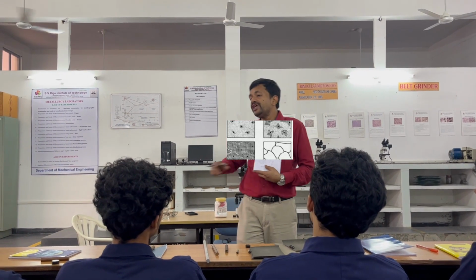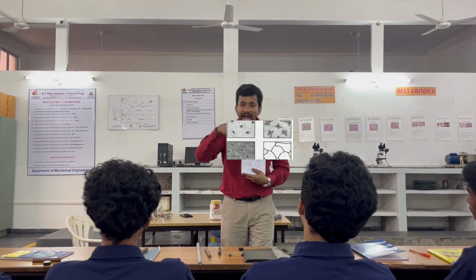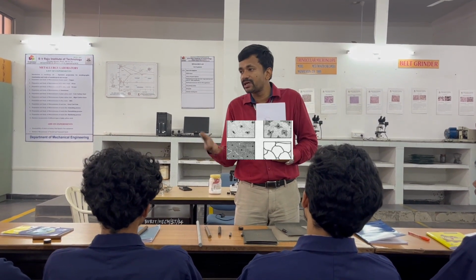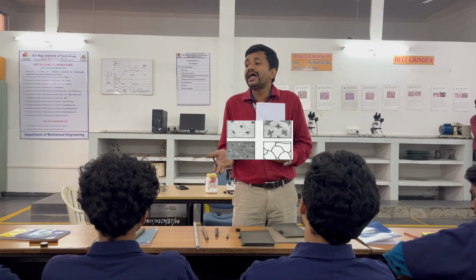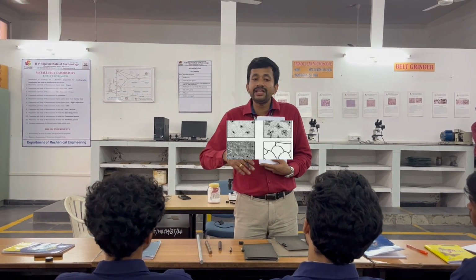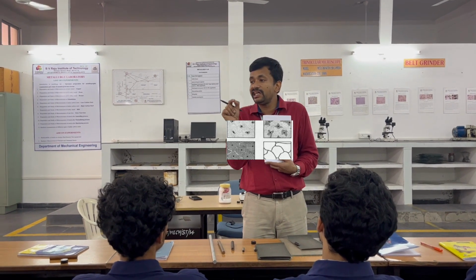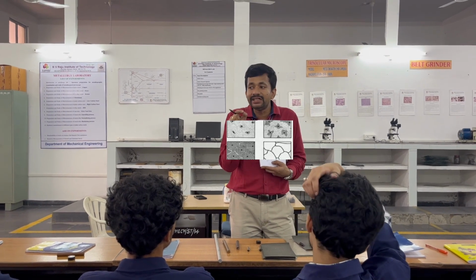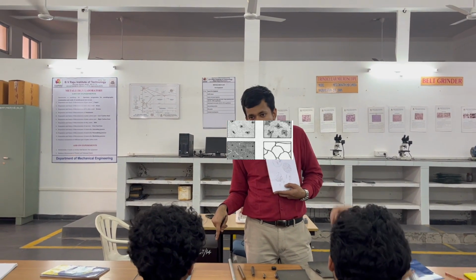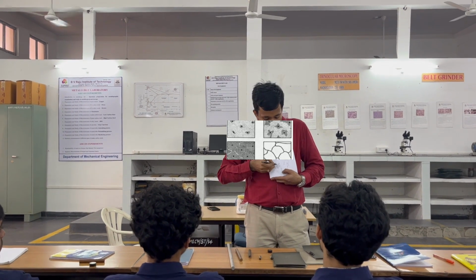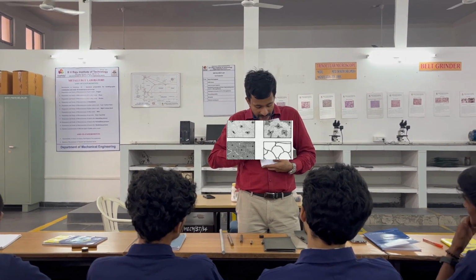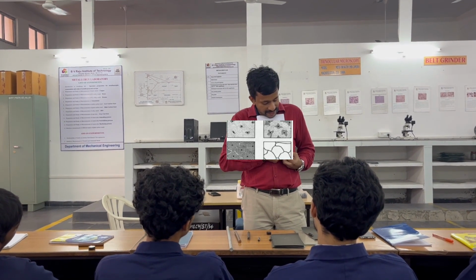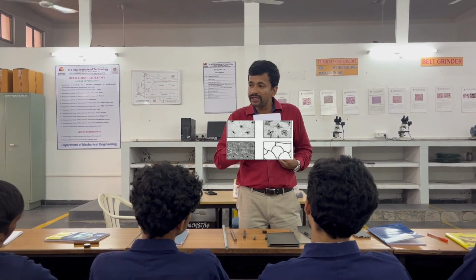That is the reason why we use these etchants to react with the grain boundaries. Some etchants will react with the grain boundaries, some will react with the grains themselves, and that is the reason why the timing is also different, and why you need to precisely maintain the time during which the reaction is completed, and you need to stop the reaction by dipping in water. For example, this nital will react with the grain boundaries. If I take the cross section, if this is the specimen, earlier everything will be flat and uniformly bright.